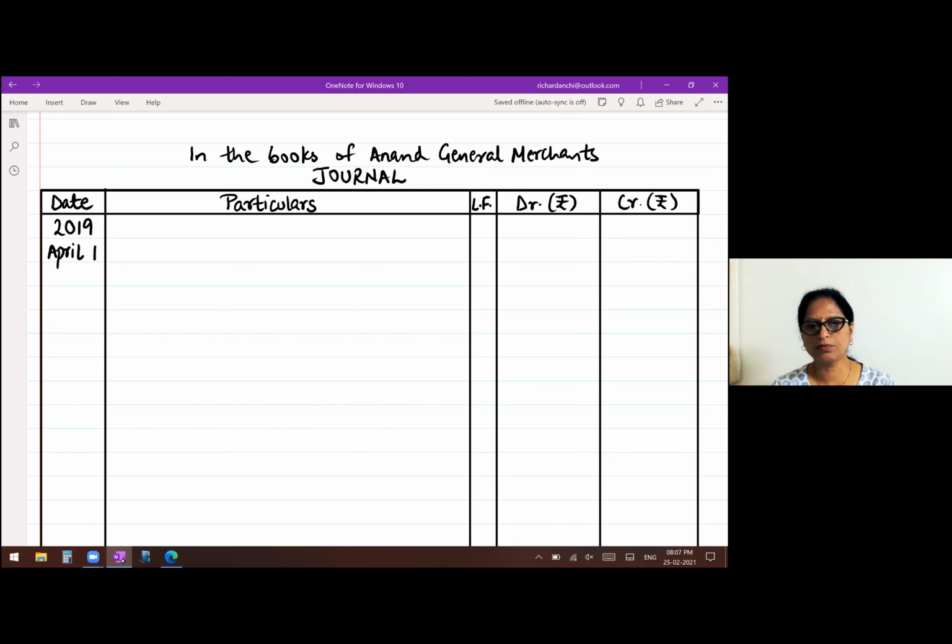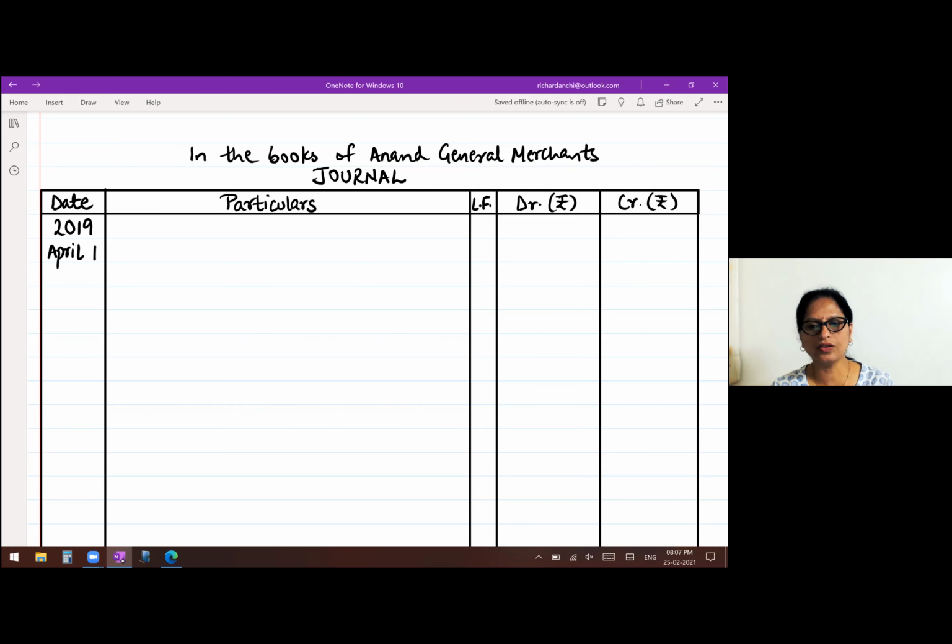He's starting his business with cash. So cash account is real account and capital account is personal account. So cash real account, debit what comes in, and personal account, the businessman is the giver. So his account, according to the rule, credit the giver. So now we know which account is to be debited, which account is to be credited.